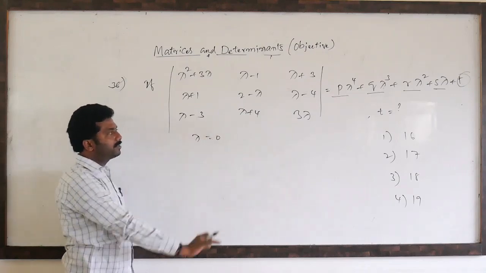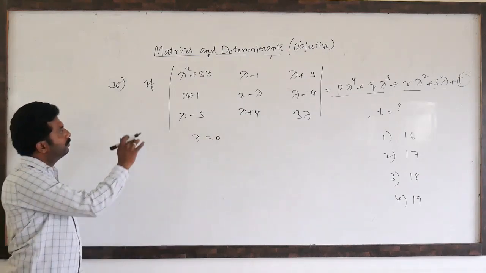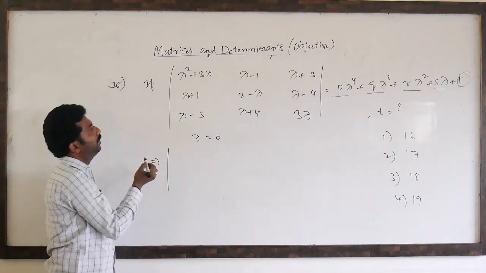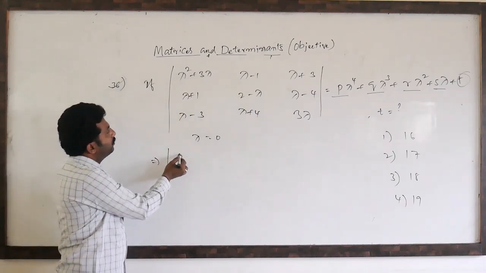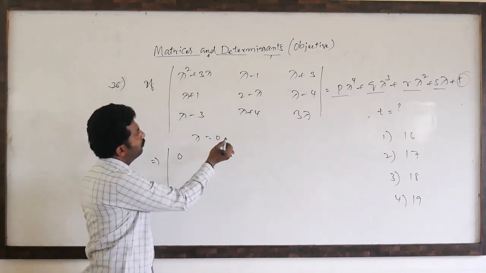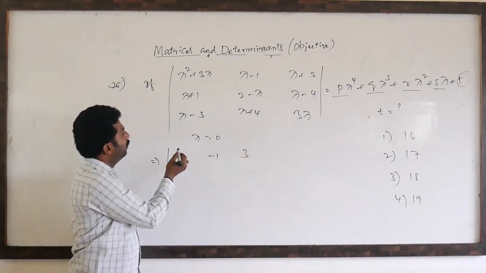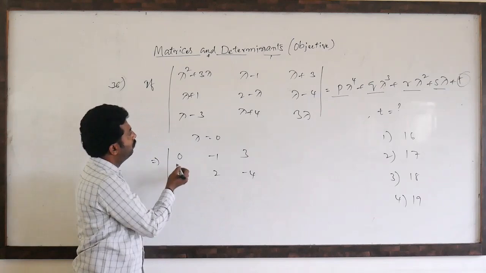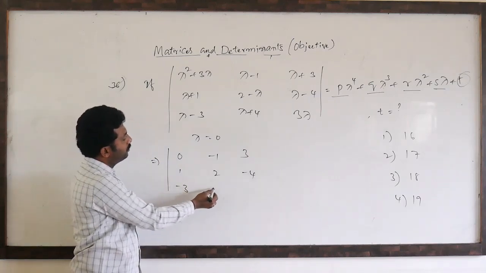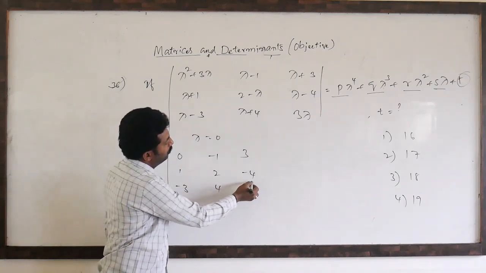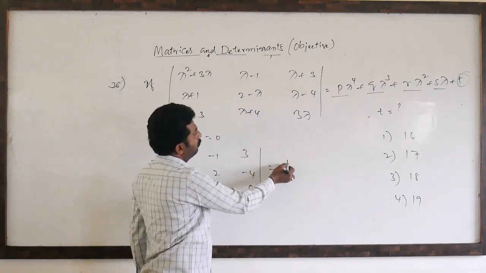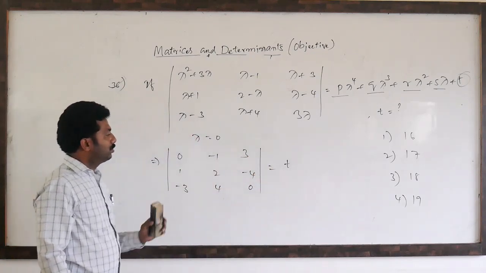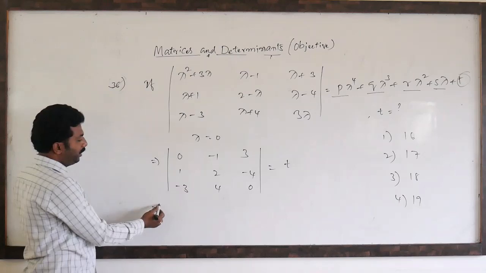So suppose I substitute lambda equal to 0, then what do we get? See here, lambda 0 means this is 0, minus 1, 3, 1, 2, minus 4, minus 3, 4, 0 equal to t. So if you expand this determinant, we will get the t value.